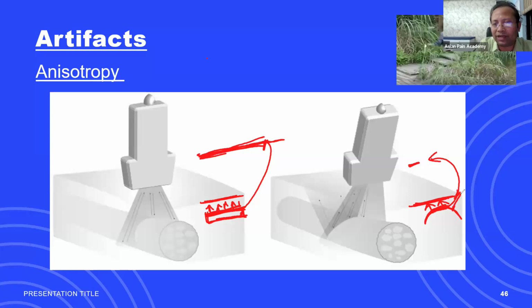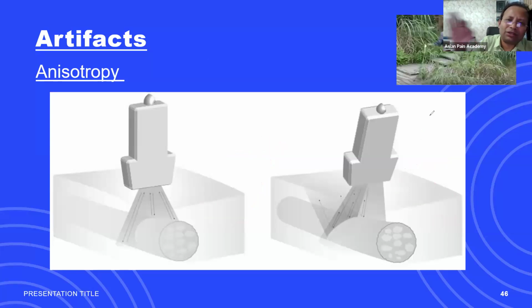This will not get reflected, it will go this way, and it will not go to the probe. So ultimately this side will not be seen. The normal structure is like this, but you will see only this much, and this side some darkness. That is called anisotropy. Understood? I will show you.